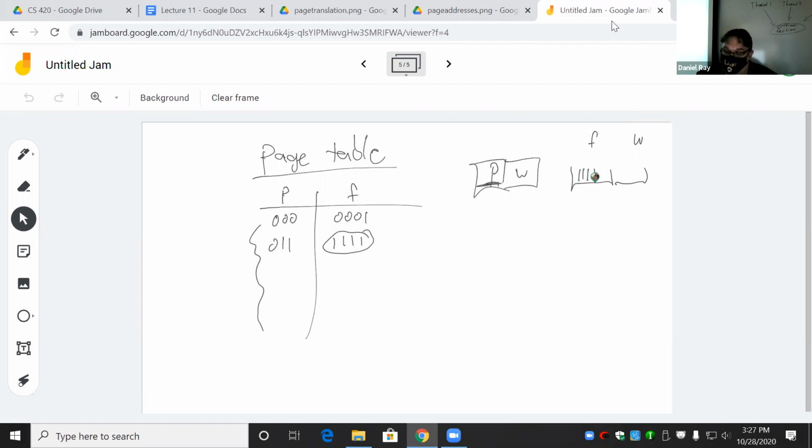And then I just transfer this W over here to give me the offset for that page frame, because pages and page frames are the same size. So the address for each individual word in that page will also be the address for the individual word in the page frame once I have looked up the proper frame in the page table.